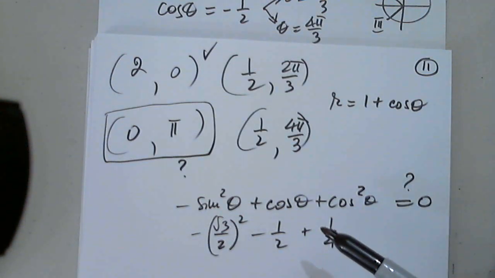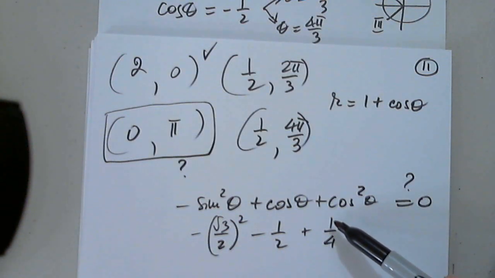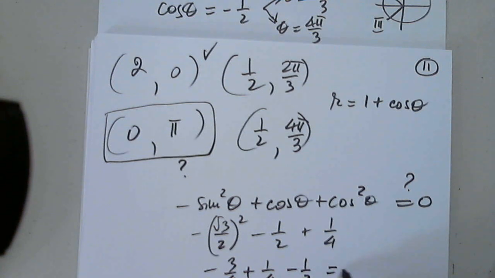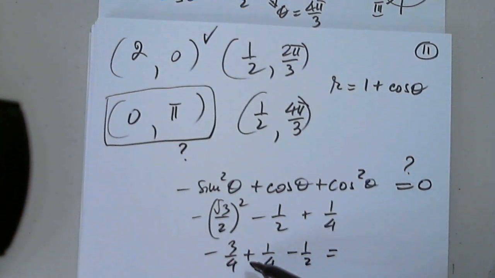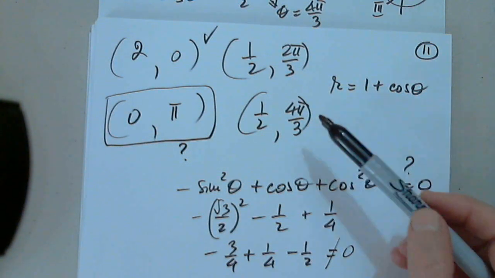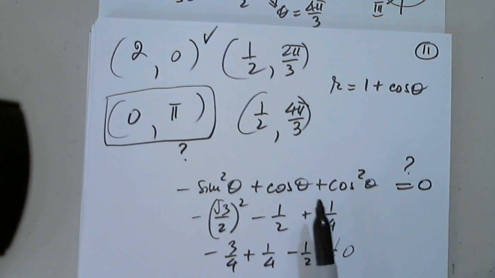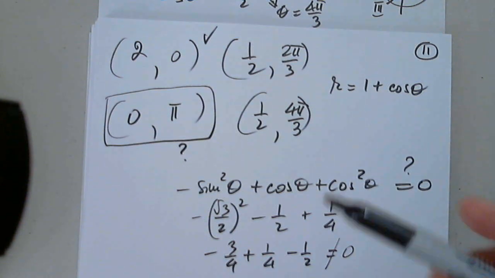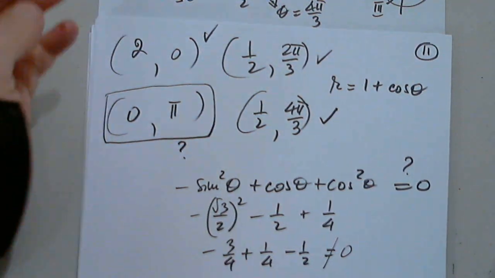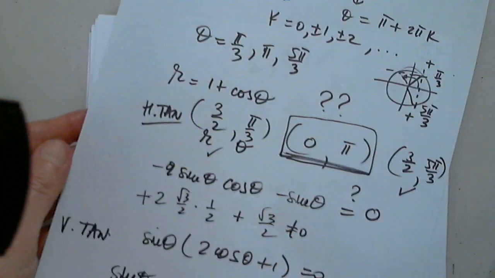So negative 3 over 4 plus 1 over 4 minus 1/2. Is this 0? No, it's not 0. Okay, so now I have to check 4 pi over 3, which will be the same thing, because sine is squared. So these are okay.